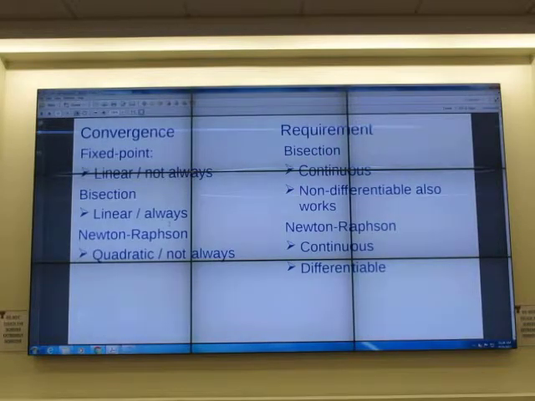Alright, so let's give you a summary. Fixed point iteration has linear convergence and does not always converge.